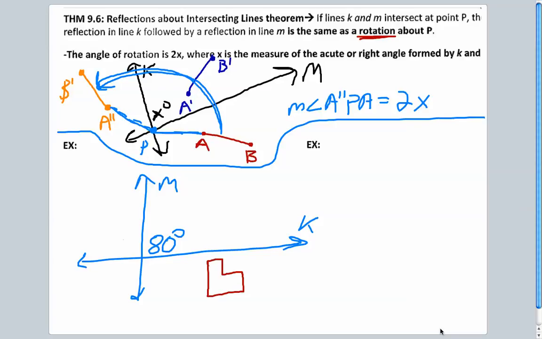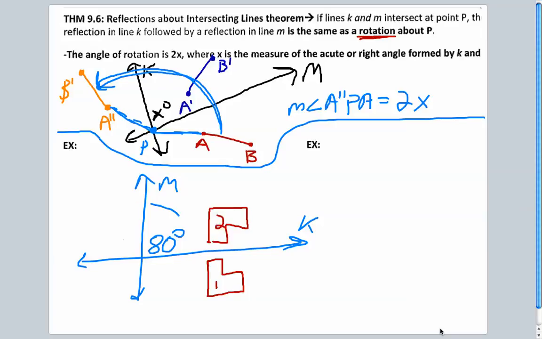Okay, so this is my picture 1. The first thing I'm going to do is flip it over K. Let's do that, and that's going to give me something that looks like this. When I actually do that flip, that's going to give me picture 2. And we'll switch colors here.